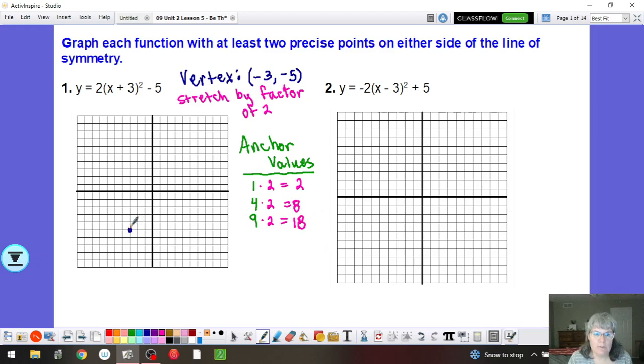What that means is when I move one unit horizontally, so left or right, from my vertex, I'm going to go up 2 points to get my first anchor values on my graph. When I move 2 units left or right on my vertex, I'm going to go up 8.